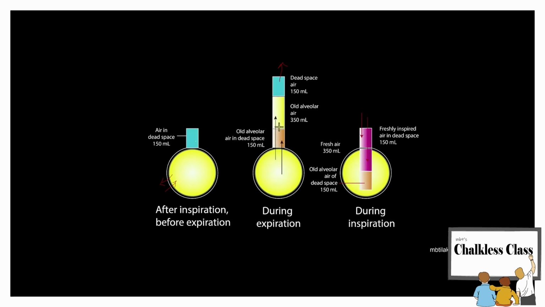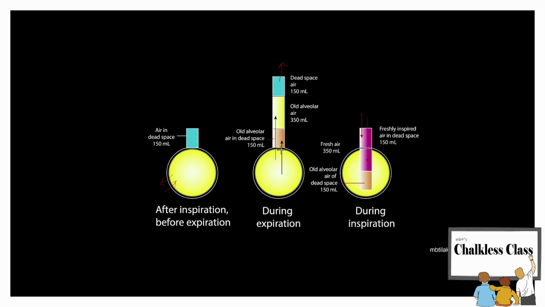But in that 500 ml, 150 ml remains in the dead space. Assume that after gaseous exchange, this air we call whole alveolar air. In this, 500 ml will be sent out from the lungs.